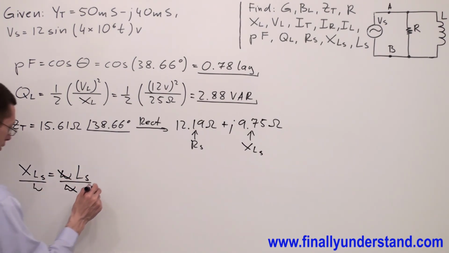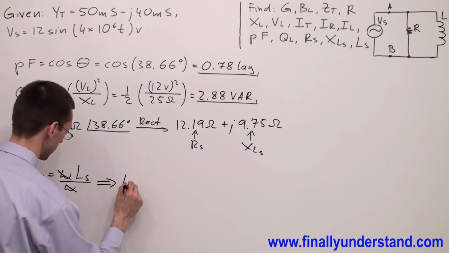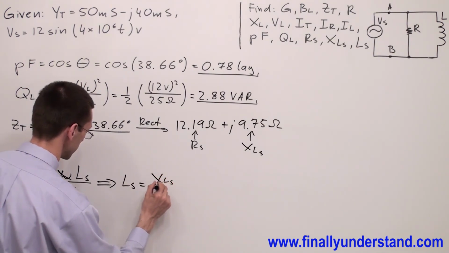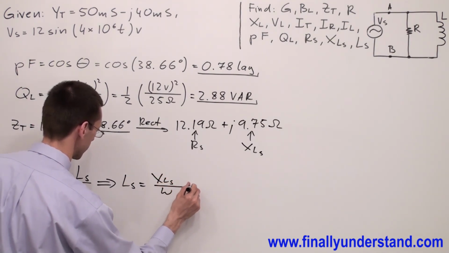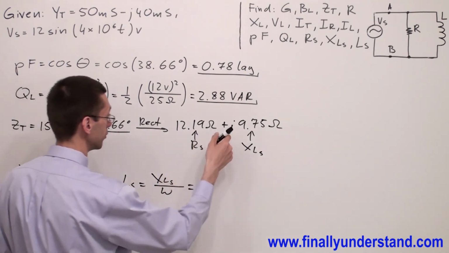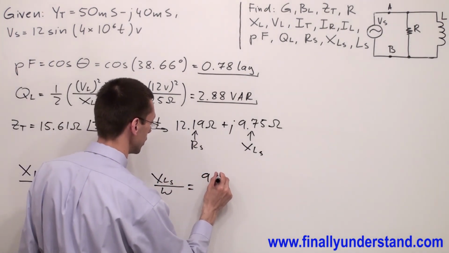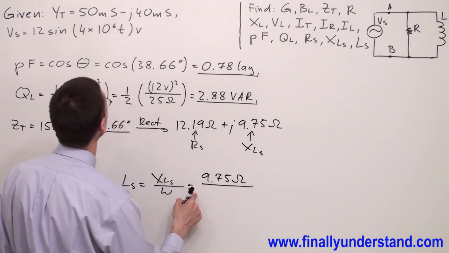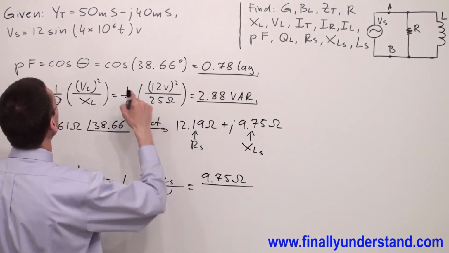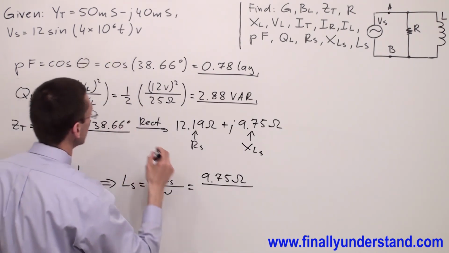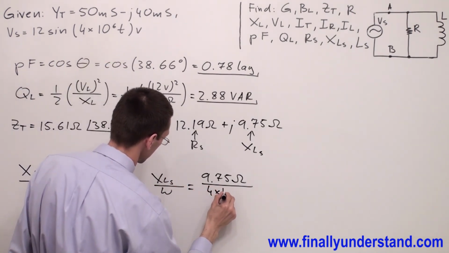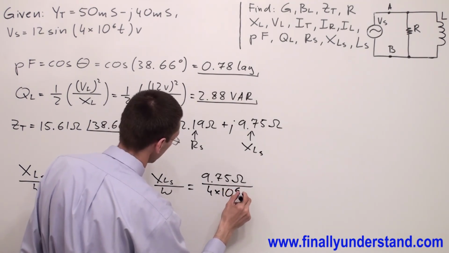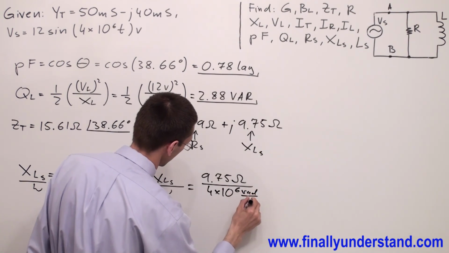Omega will cancel out, and I have Ls is equal to X of Ls over omega, where X of Ls we found is 9.75 ohms over omega, which is equal to 4 times 10 to the 6 radians per second.